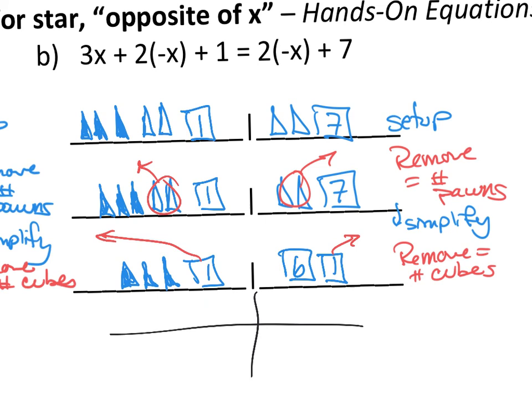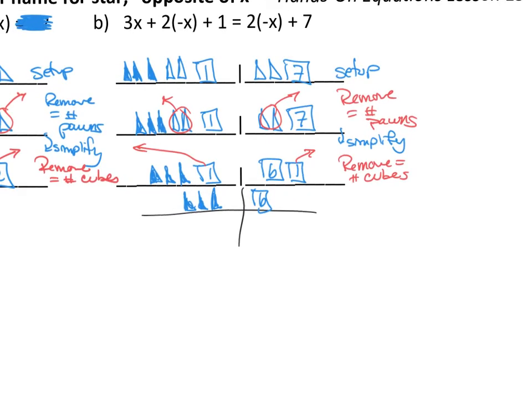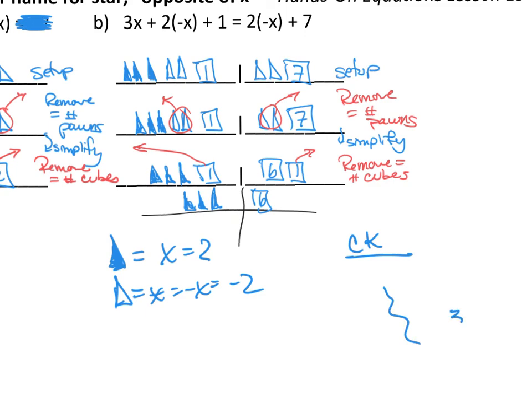And that then gives us 3 blue pawns is equal to 6. 3 blue pawns equal to 6 tells you that blue pawn, which is equal to x, is 2. White pawn, which is star, which is opposite x, is negative 2. You can do your check. I'm going to leave that up to you. The check number is 3.